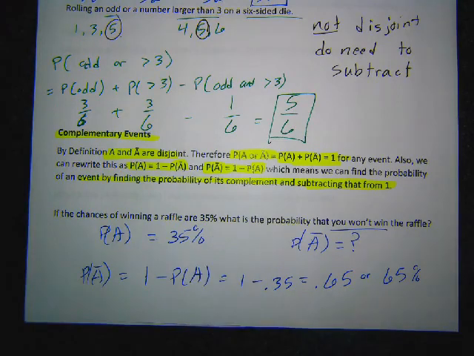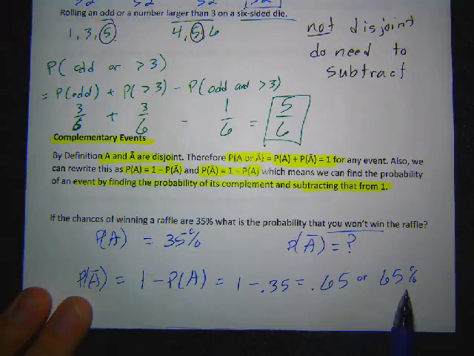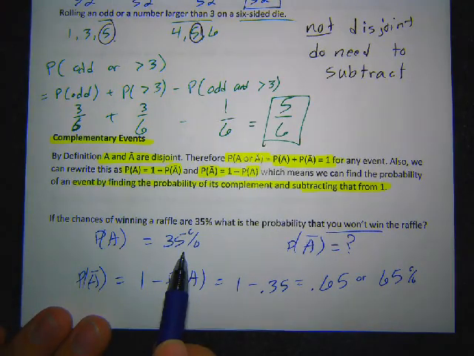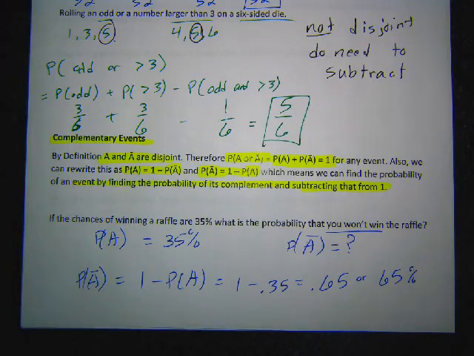This is something that comes up with lotteries and raffles all the time. People are really bad at understanding how bad their chances are. So instead of telling you the chances of losing, they tell you the chances of winning. Because when I say you have a 35% chance you might win, that sounds pretty good. You go, hey, 35%, that's a lot better than 5 or 10%, maybe I'll win.